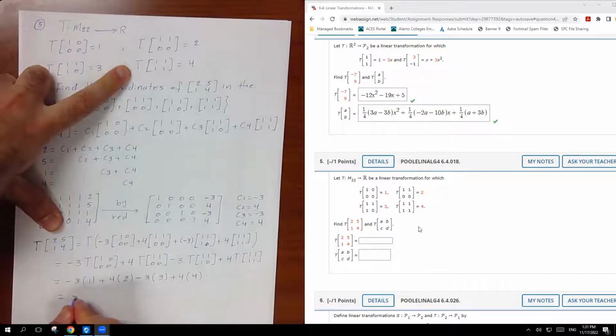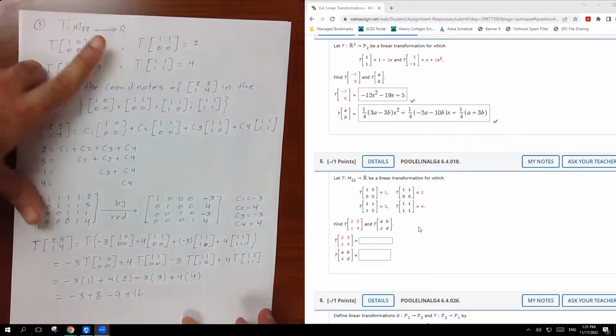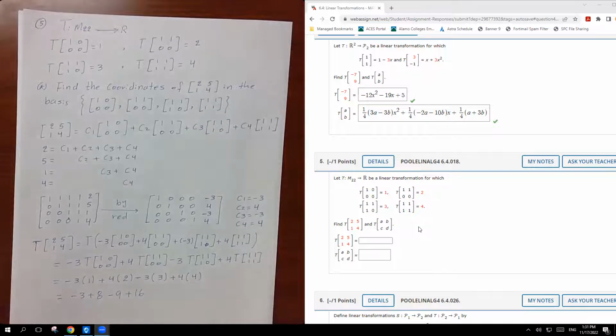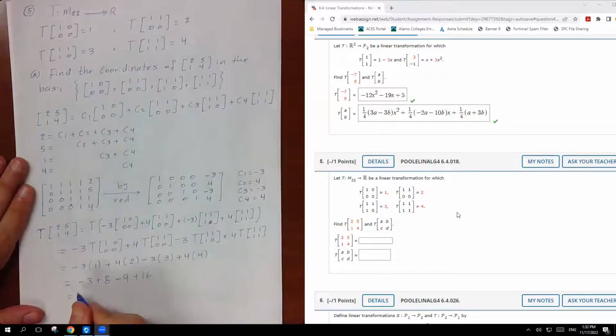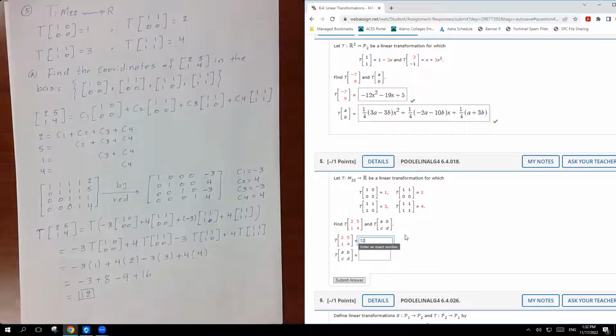So this one is -3 plus 8 minus 9 plus 16. And here is the result. It's going to be 5 minus 9, which is -4, plus 16, which is 12. So that's it for the first part of this example. So we're just going to put here 12.